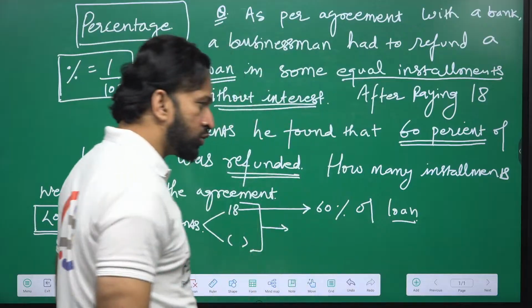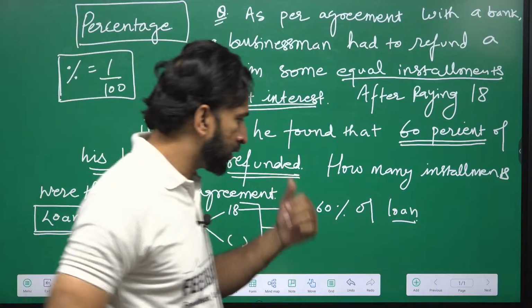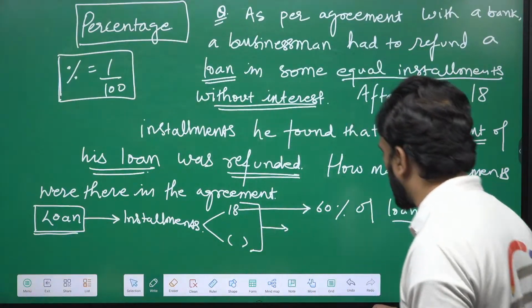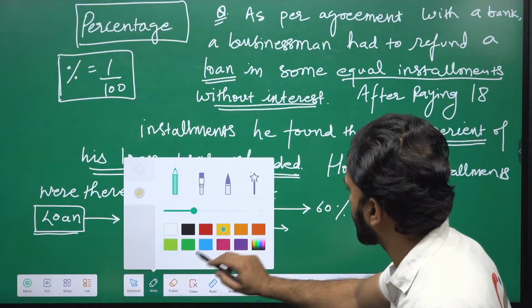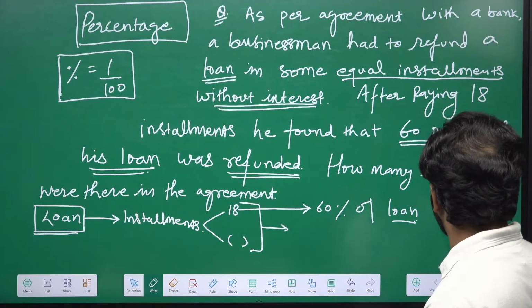So let's assume that he took a loan of rupees P. Suppose P rupees is taken as the loan.